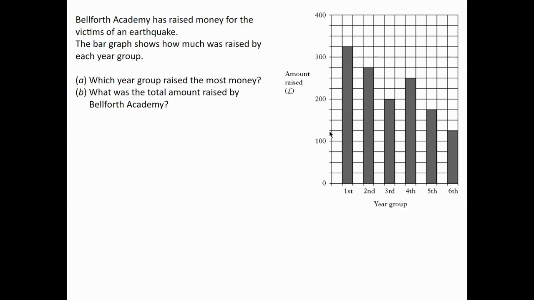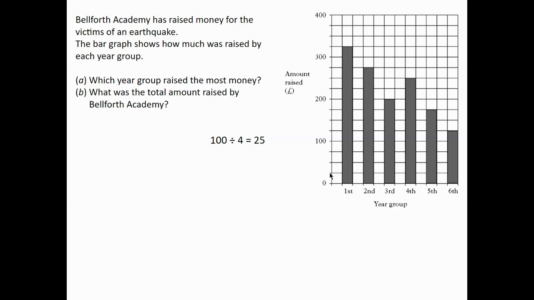So the first thing we have to do is work out what each of the squares represents before you go and answer the question. So let's take a look at this bit here. 100 is the first mark after 0. So that's 1, 2, 3, 4 squares. So what we need to do is 100 divided by 4, and you can do that on your calculator, is 25.